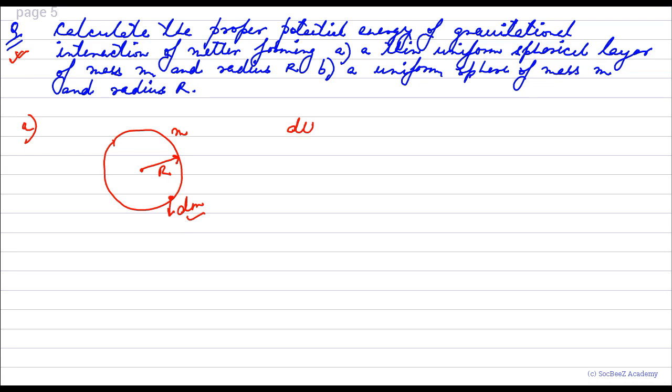Now this dU is going to be minus G into m, that is the mass of the shell, into dm, that is the mass of the small particle of infinitesimally small dimensions, upon R. So this is the small potential energy of interaction.